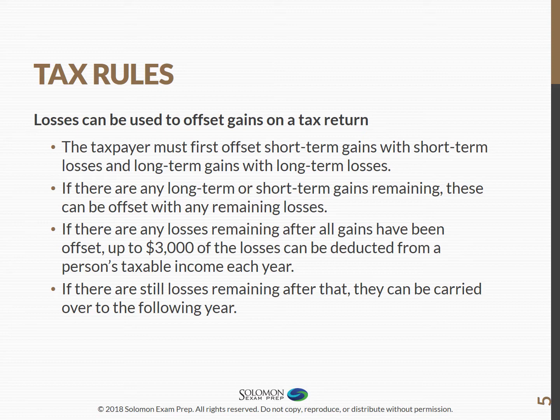If there are any losses remaining after all gains have been offset, up to $3,000 of the losses can be deducted from a person's taxable income each year. If there are still losses remaining after that, they can be carried over to the following year.